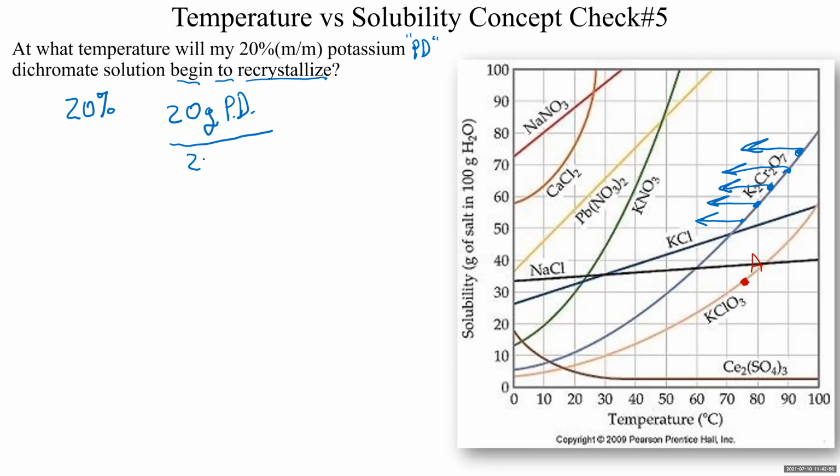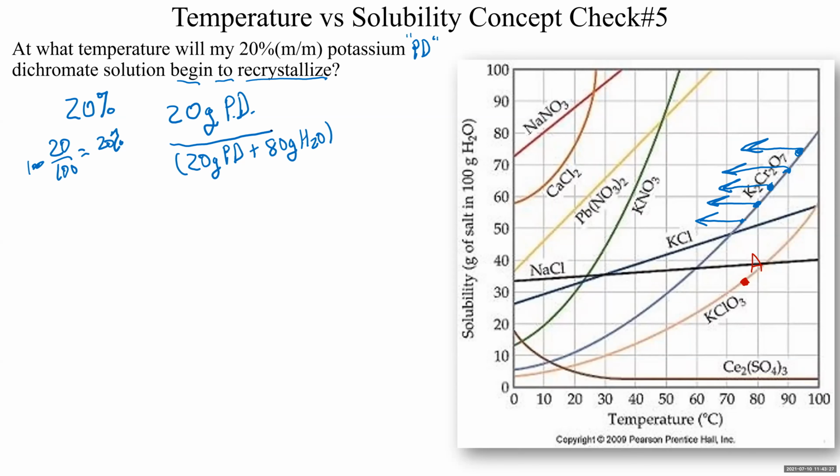So that means 20 grams of potassium dichromate plus what to get me 100? 20 divided by 100 is 20%. 20 divided by 100 times 100 equals 20%. So I have 20 grams divided by 20 plus what gives me 100 on the bottom? Clearly 80, right? That means I have 20 grams of potassium dichromate plus 80 grams of water.